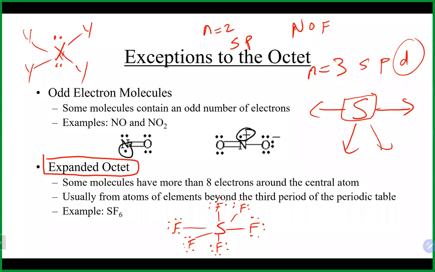You would follow the same process. You would make a single bond to everybody. You would still fill all the outside atoms with dots and pairs. Then if you had leftover electrons, you would go to the center and put the dots on the center atom, just like we did with all the other pictures. You just have a lot more dots on that central atom, upwards of 12, which is pretty much the max. You could go 10 or 12, which is usually where you can go in the expanded octet.